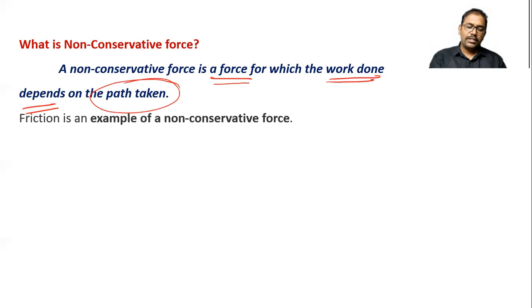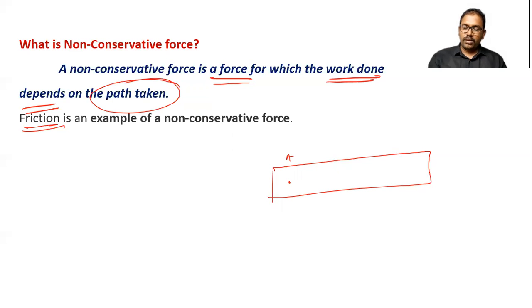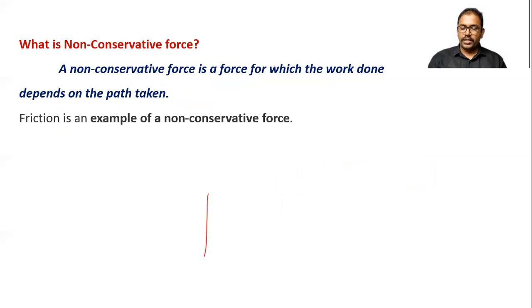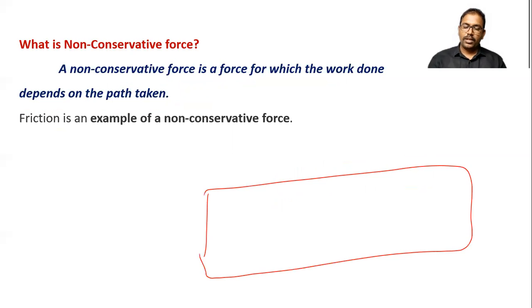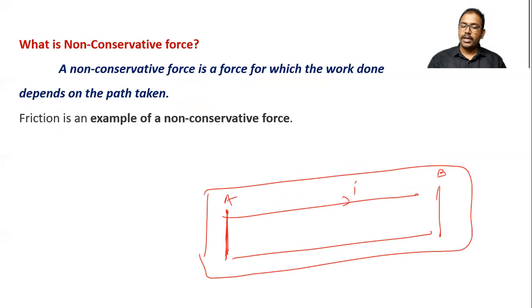An example is friction. So when an object is moved from A to B, I'm talking about here, if any object is moved from this starting line A to this line B by one path or by a second path or by a third path also we can consider.